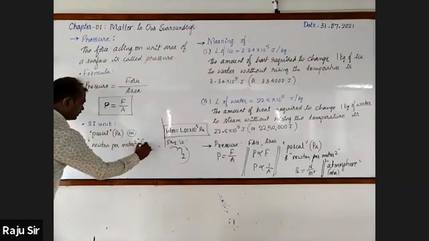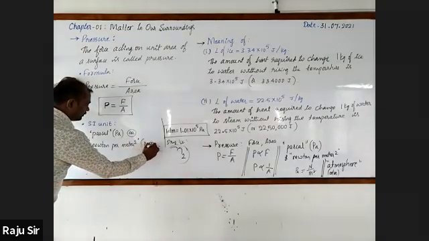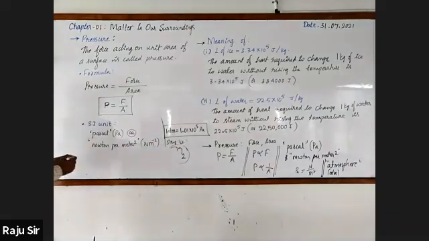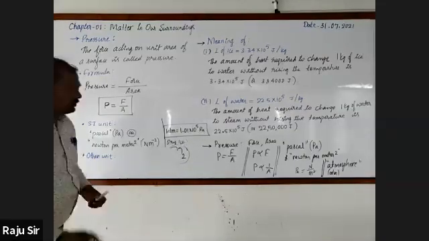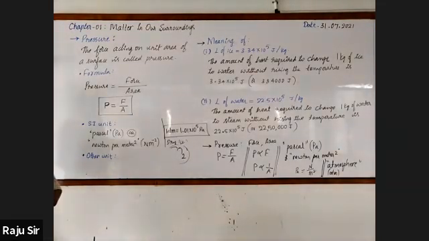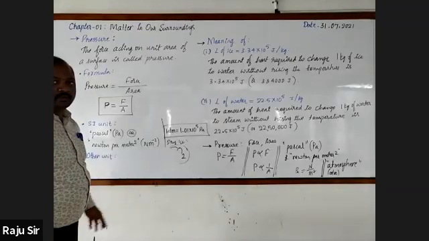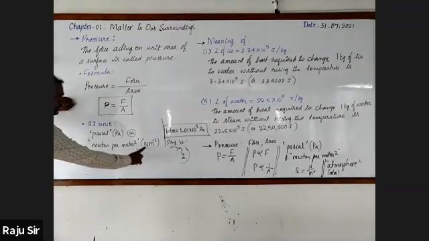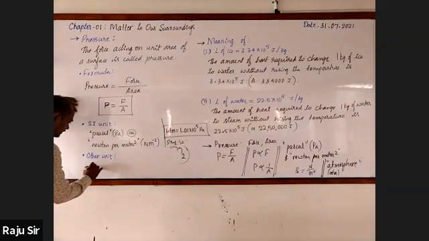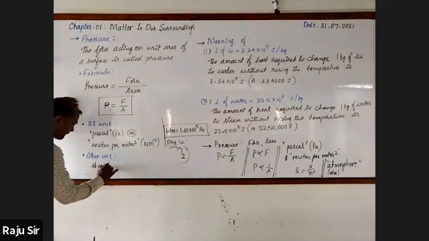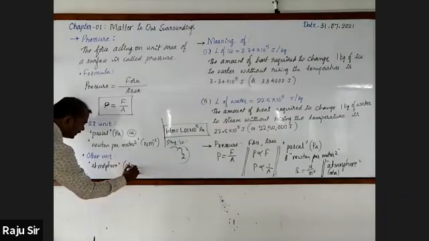In bracket you may write N m raised to the power minus 2. Then another unit is atmosphere. In bracket write atm.